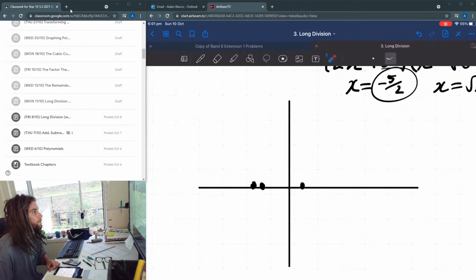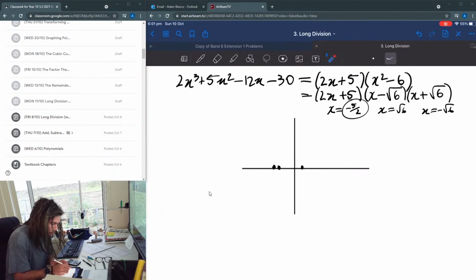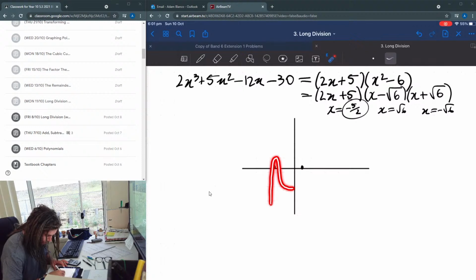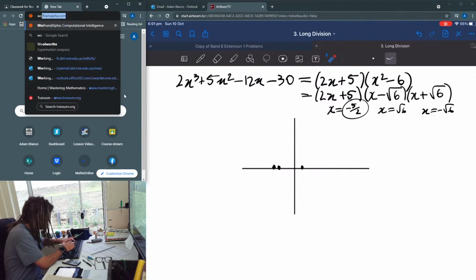I wonder what this thing looks like. Oh, I really want to look it up. A couple of things I'm probably not going to teach you this year, but because this term's positive, it looks like this. So there's the possibility that this thing looks like that. I really want to graph it. I'm going to graph it. You can definitely stop at this point, but this is just for fun.